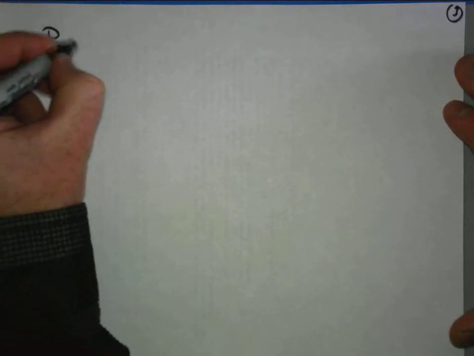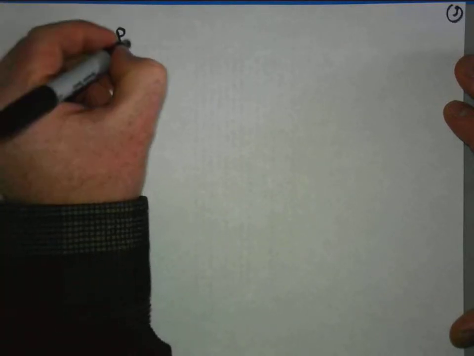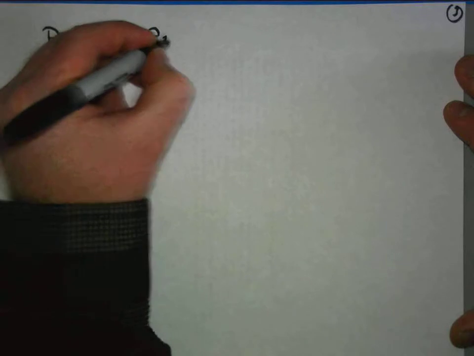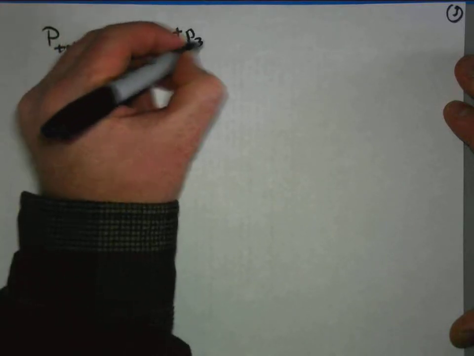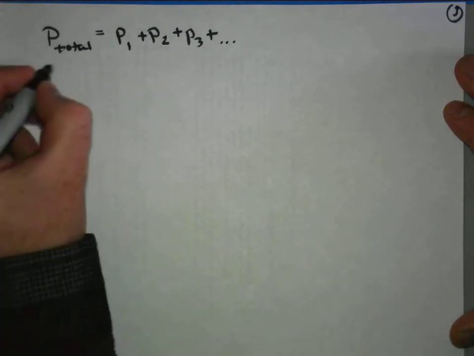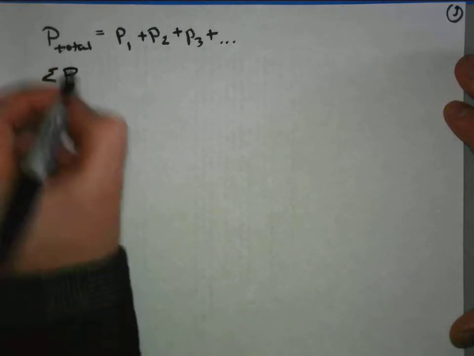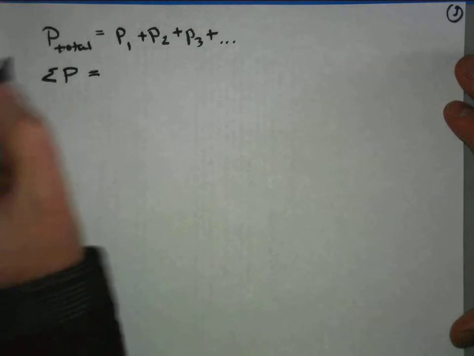is this: we could say P total is the sum of all individual momenta, or here we say the sum of the momenta.